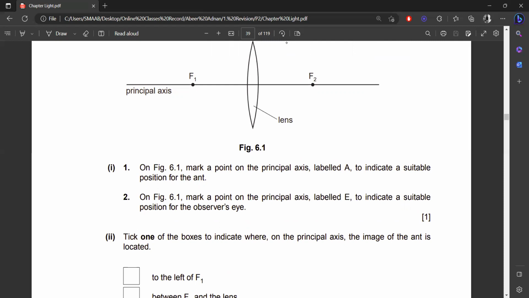On F1 or between F1 and the lens. Because the object is very tiny, we have to place the object according to its size.